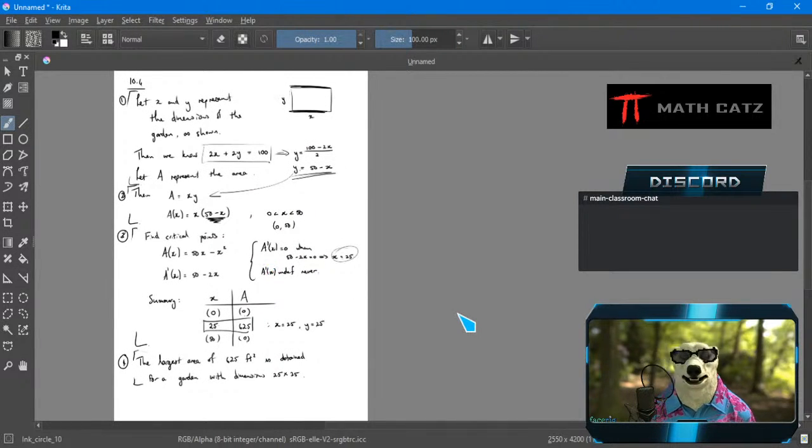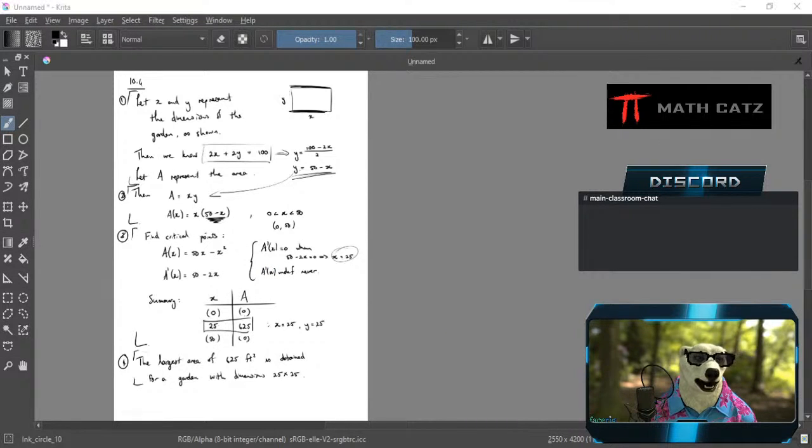They change with the specific topic, but they're always there. Define your variables. Set up an equation or a function, depending on the situation. In this case, it's a function. Then solve what you need to solve.